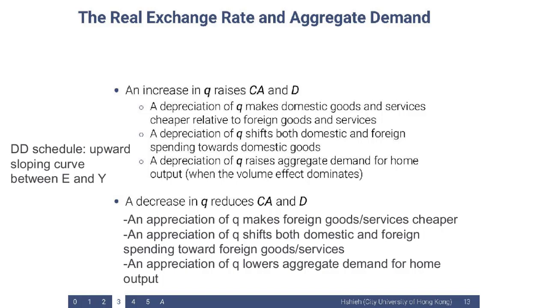Another way of saying this, a depreciation of Q shifts both domestic and foreign spending towards domestic goods. Yes? Again, from the price incentive, everyone's moving towards domestic goods and services, not only locally, but also from abroad. And lastly, in terms of output, you can also state a depreciation of Q raises aggregate demand for home output when the volume effect dominates.